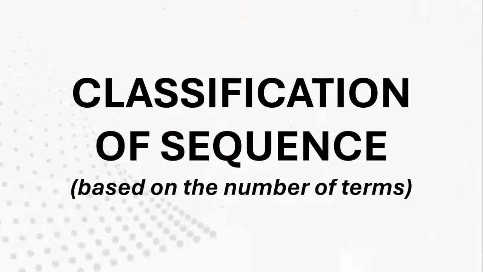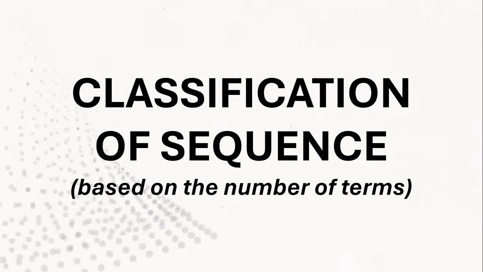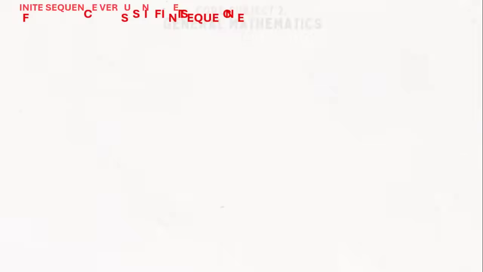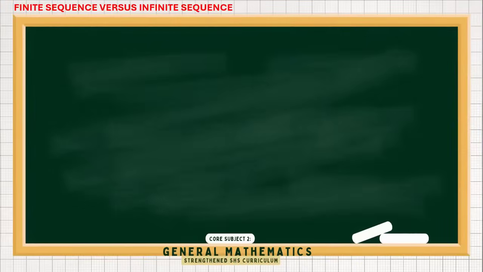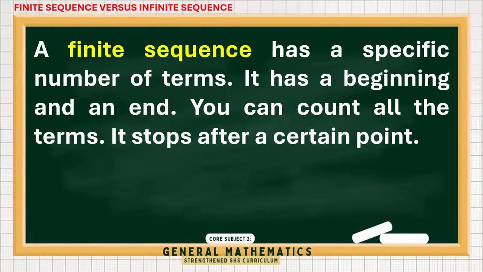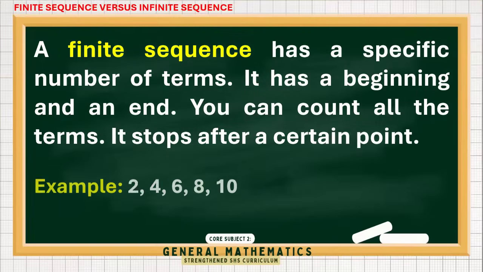Now let's talk about the classifications of sequences based on the number of terms. What's the difference between a finite versus an infinite sequence? A finite sequence has an end. There is a specific number of terms in that particular sequence, so you could count all the number of terms, and it stops at a certain point.